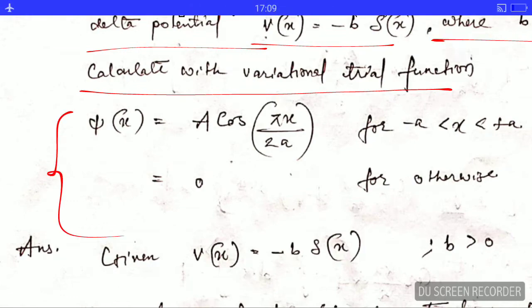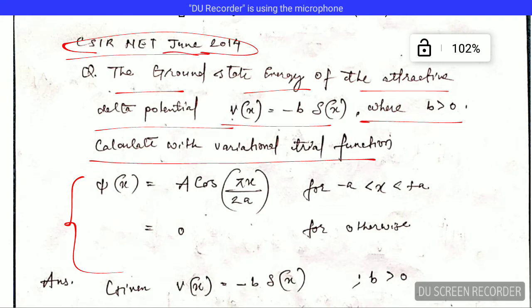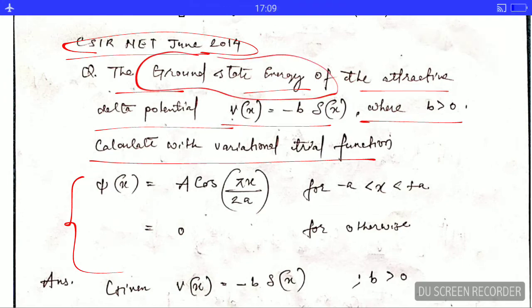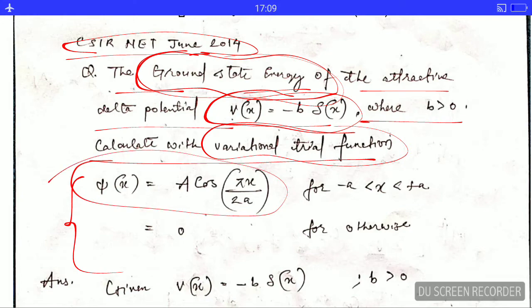They are asking us to find the ground state energy, where they have given us the attractive delta potential, and they have asked us to calculate this ground state energy with the help of a trial wave function. This is the trial wave function.